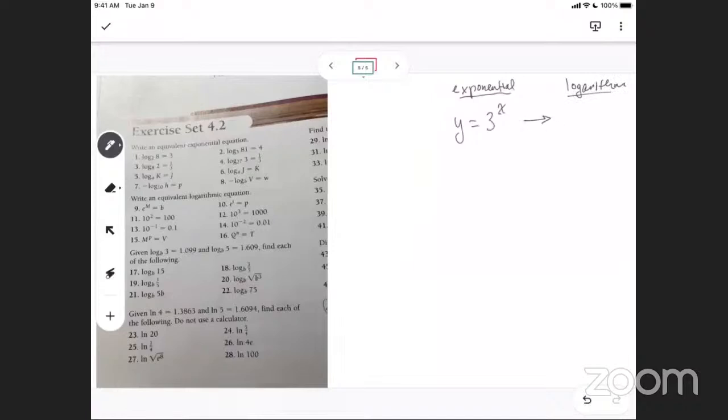And the way you write it is you use the equivalence. You write log base 3 of y equals x. Those are the exact same equation. One is solved for y and one is solved for x. They're inverses of each other.